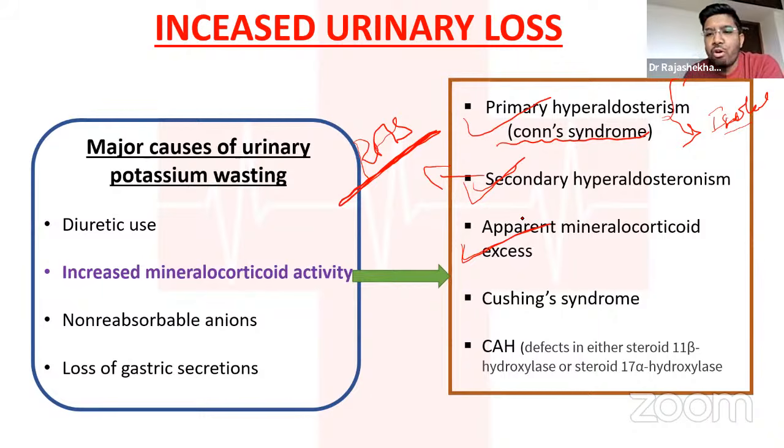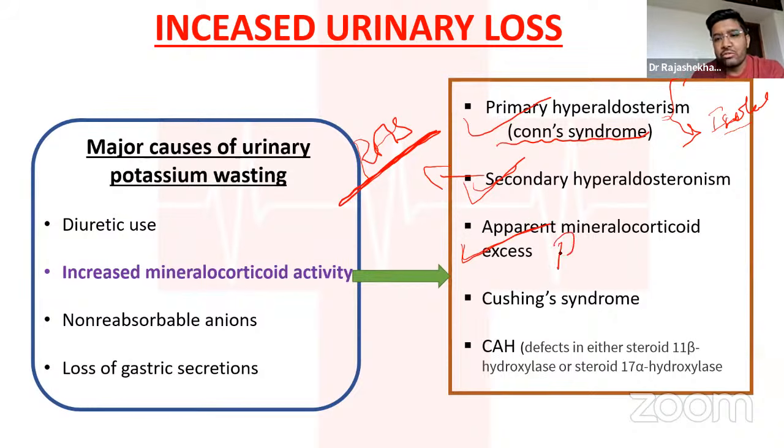Next, apparent mineralocorticoid excess. As I told you, cortisol normally does not act on the mineralocorticoid receptor because of the enzyme called 11 beta hydroxysteroid dehydrogenase. If the enzyme is deficient, the cortisol is not being inactivated and is going to act through the mineralocorticoid receptor, behaving like hyperaldosteronism.